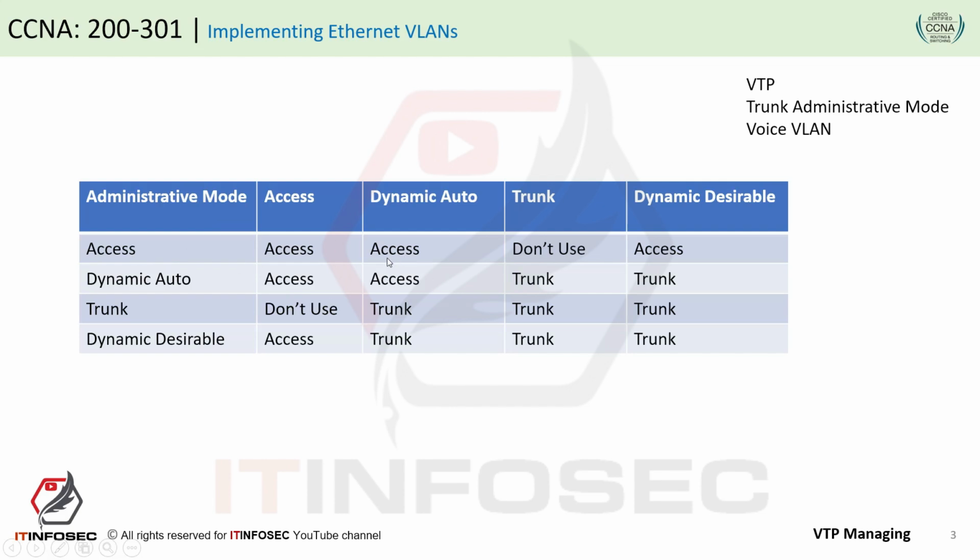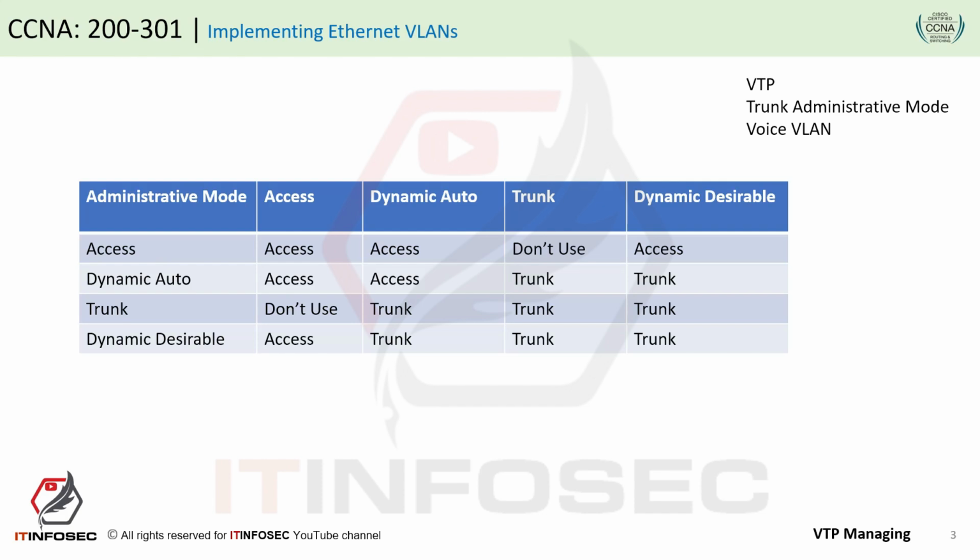This table shows what happens if you configure the two sides of the cable. You have 4 modes: access, dynamic auto, trunk, and dynamic desirable. You know about access. Access always acts as an access or non-trunk port when an end user device is connected to the other side of the cable.